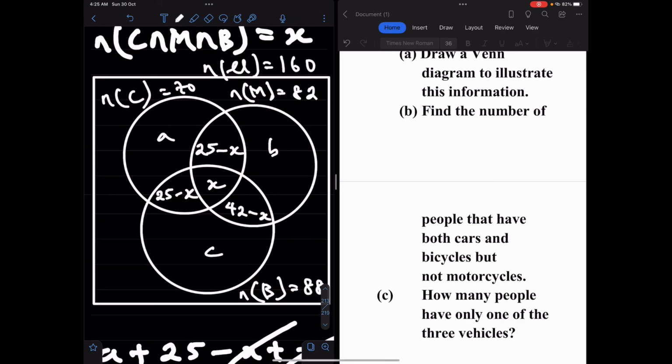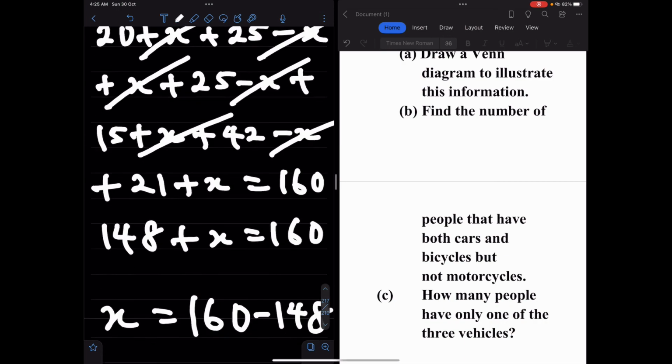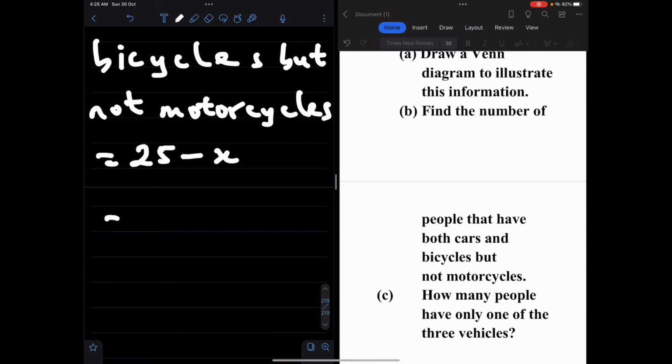That's what this part represents: cars and bicycles but not motorcycles. 25 minus x, and that's 25 minus 12, which is equal to 13.